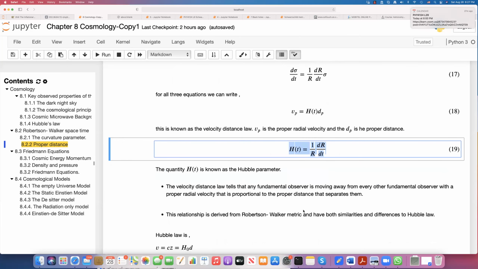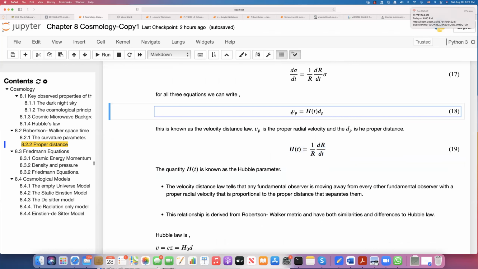And now this relationship, which is given in equation number 18, is actually derived using the Robertson-Walker metric, right? So that's what we have done. However, this has some similarity and also differences when you compare this with Hubble's law, right? So that is what is important here.